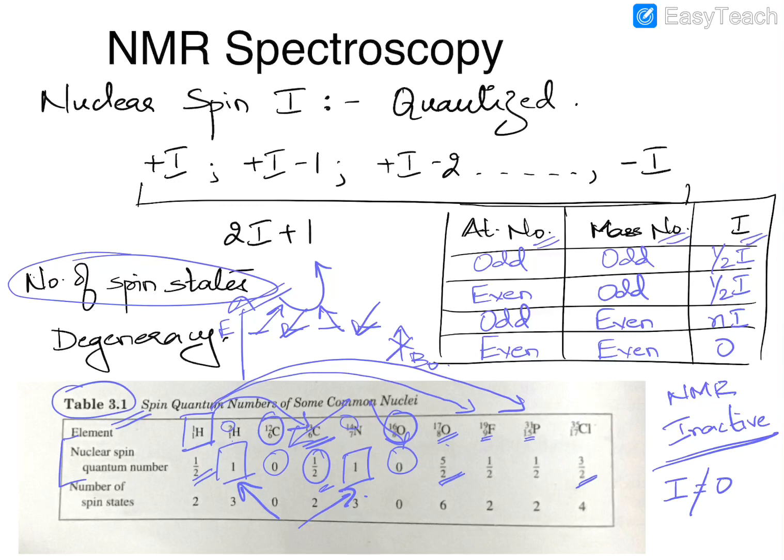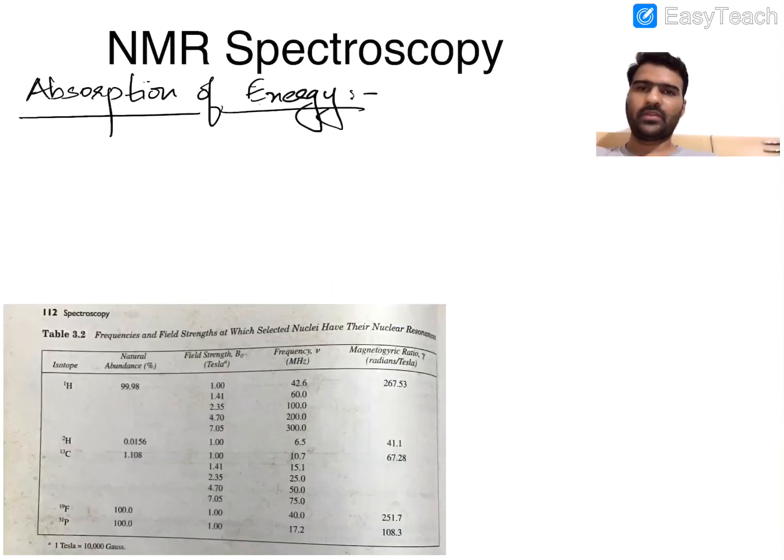However, in the presence of an external magnetic field, these tiny bar magnets start aligning themselves with respect to the orientation of the applied field, and multiple spin states become available. The total number of spin states is then governed by the 2I plus 1 rule.